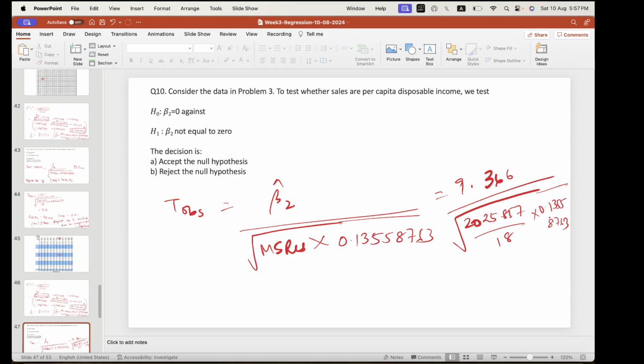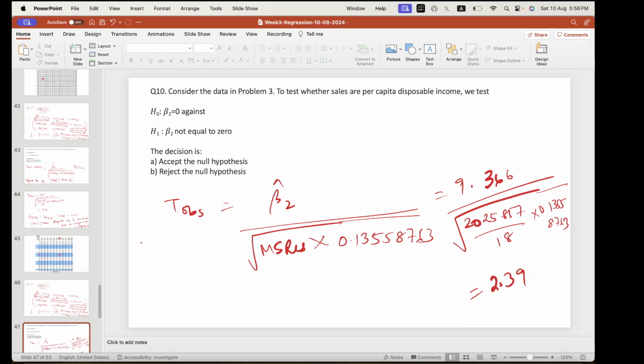If we calculate 2025.857 into 0.13558763 divided by 18, then take the square root of this, and 9.366 divided by this value, this comes to something around 2.39.